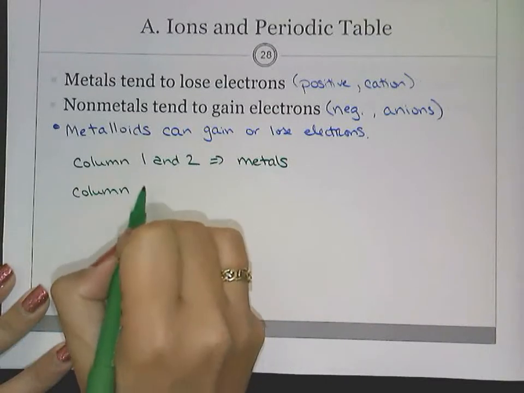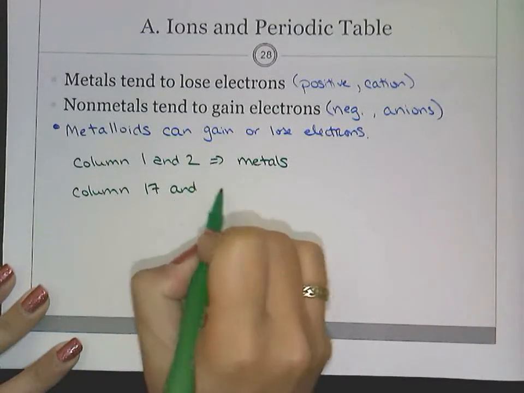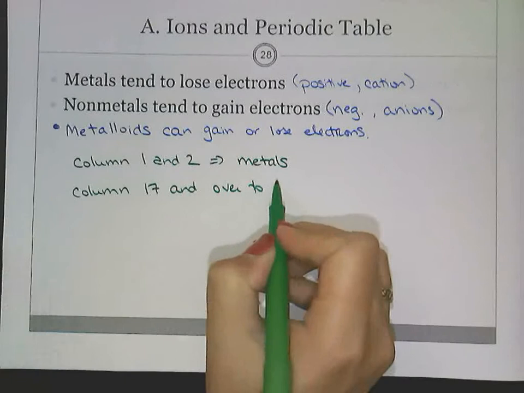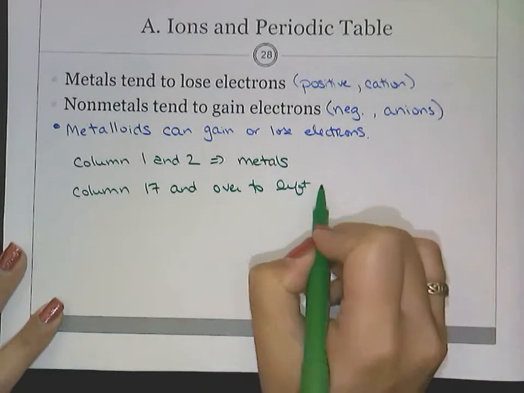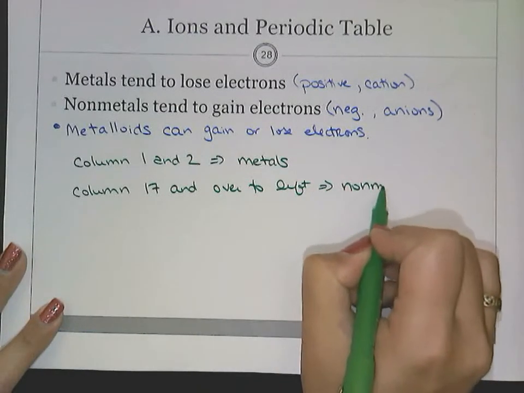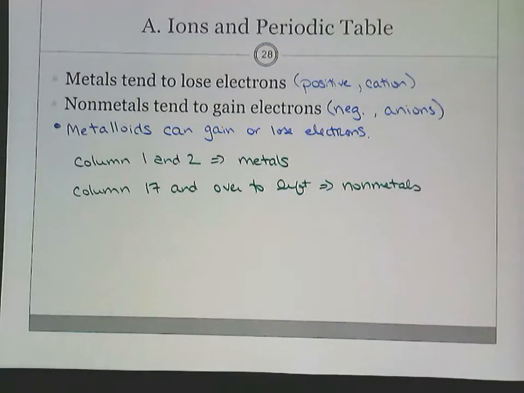Column 17 and over, those are the nonmetals.